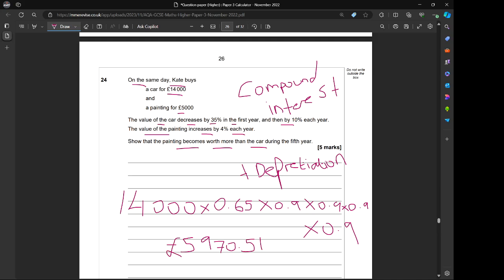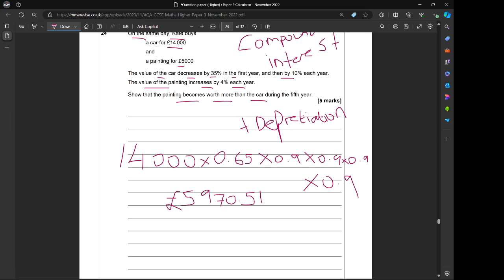Well, what about the painting? If it increases, I'm going to multiply 5,000 by 1.04, because I'm adding on 4%. So it'd be 104%, which is 1.04 as your decimal multiplier.